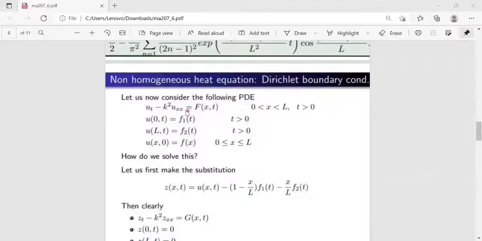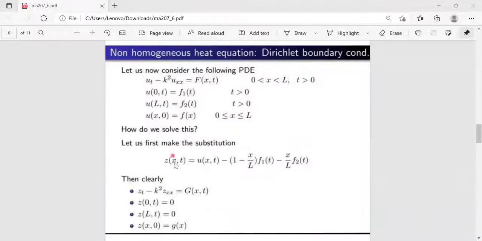What if u_t minus k squared u_xx is equal to a function? That is a non-homogeneous heat equation. If it is given, how do we calculate that? We take a substitution, z of x comma t given in terms of u.